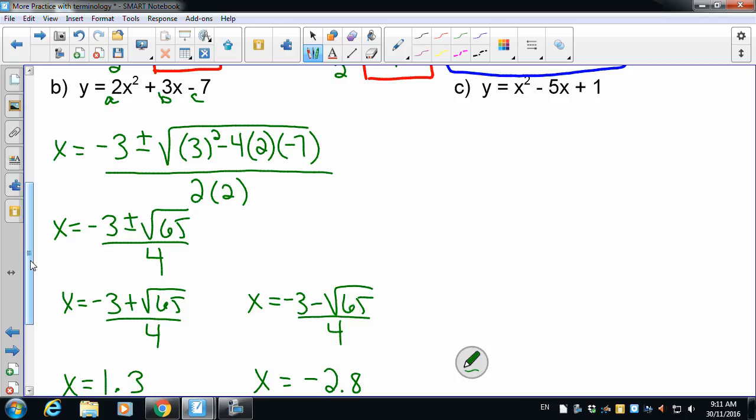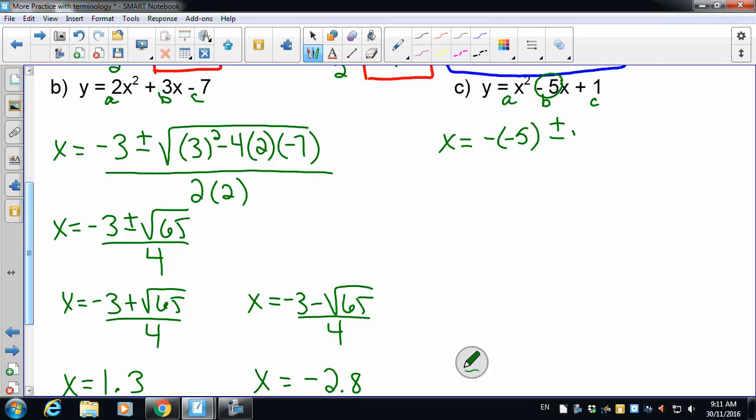We'll do one more for practice. My A is 1, my B is -5, my C is +1. So negative B, whoa, I already have a negative number and the formula is negative. Two negatives are going to make that positive.